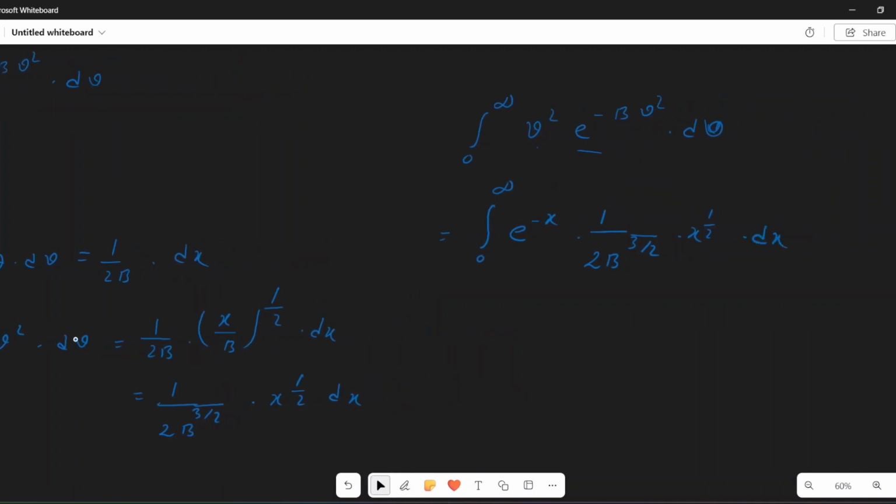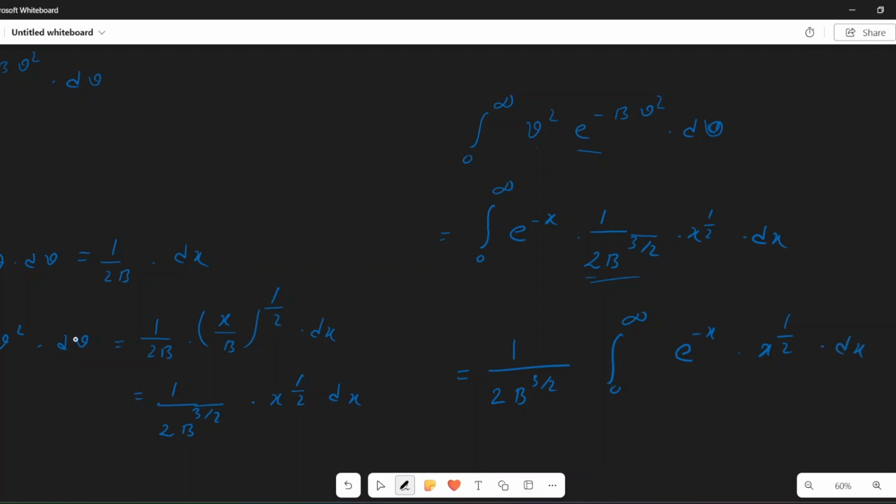This factor is not useful inside the integration, so we can keep it outside: 1 by 2 b to the power 3 by 2, integral from 0 to infinity of e to the power minus x times x to the power 1 by 2 dx.